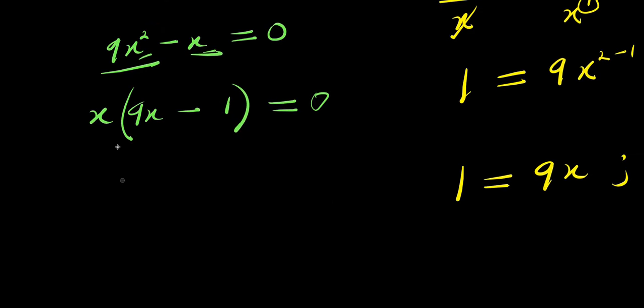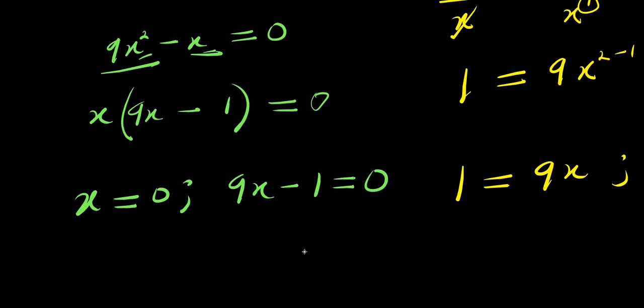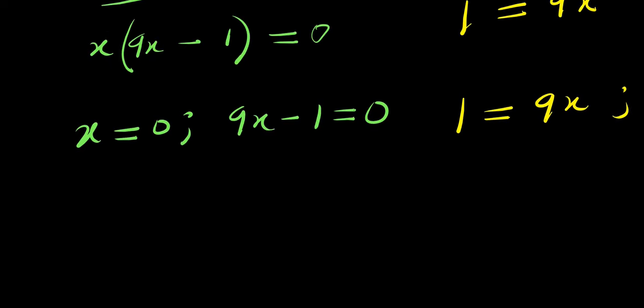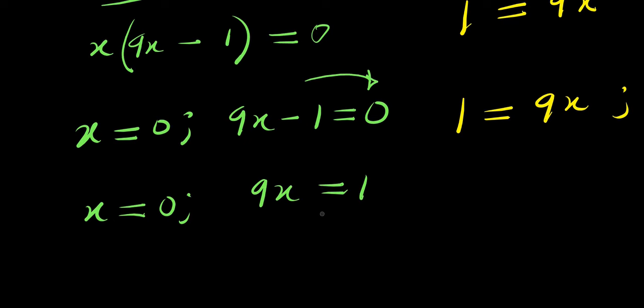So what I can do again would be to equate x to 0, and also 9x minus 1 equals 0. By doing that, I'm going to have x equals 0. I can also have 9x equals 1, because I can move this over here. And I can decide to divide this by 9, divide this by 9 to isolate x. 9 eliminates 9.